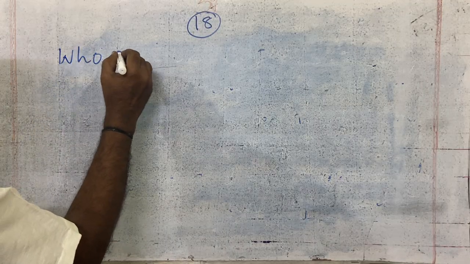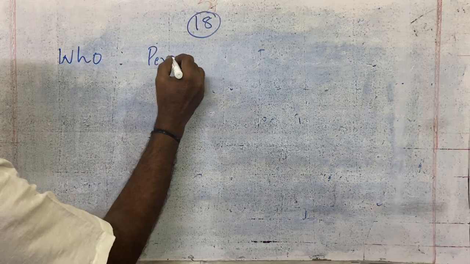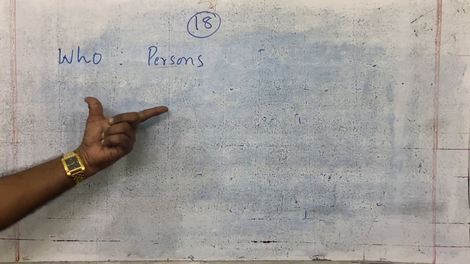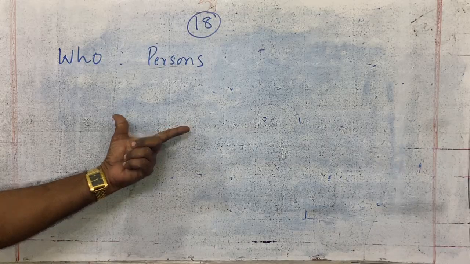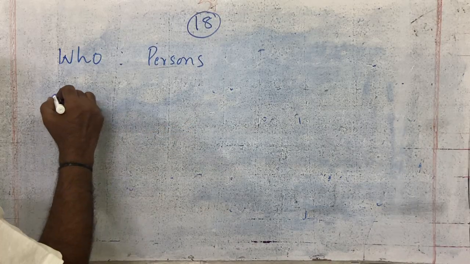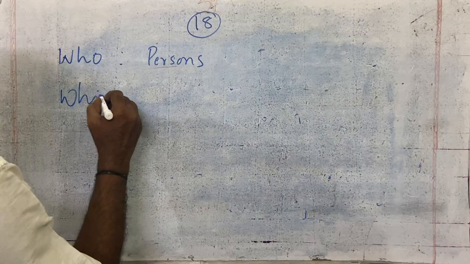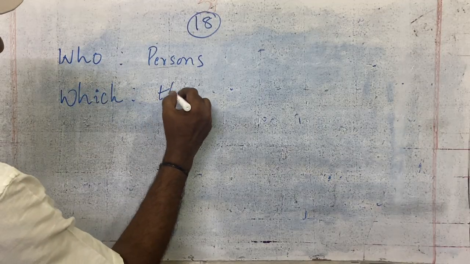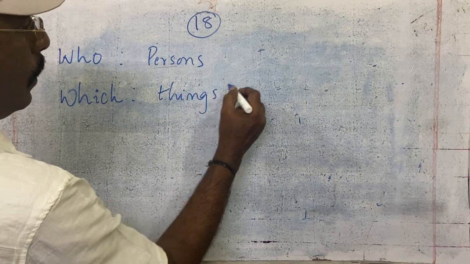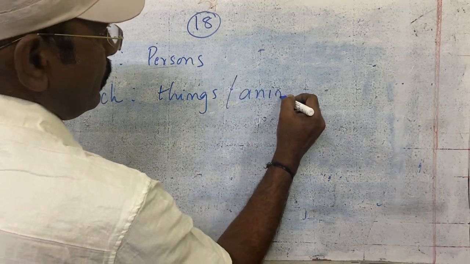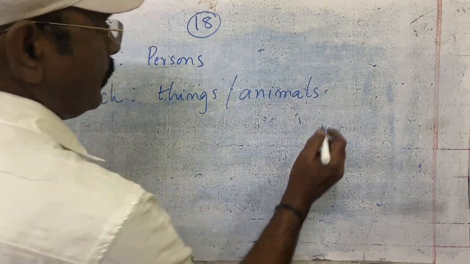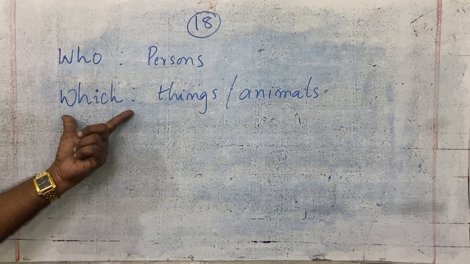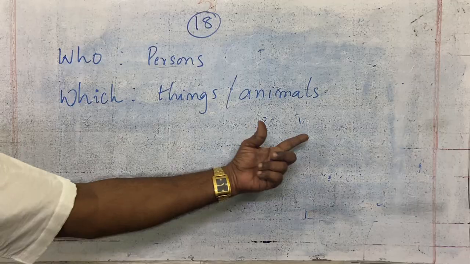It is about persons. When there are persons, you use who. Next, which. Which is about things or animals, that are lifeless. So which is used for things and animals.